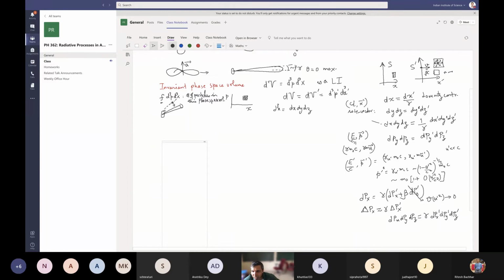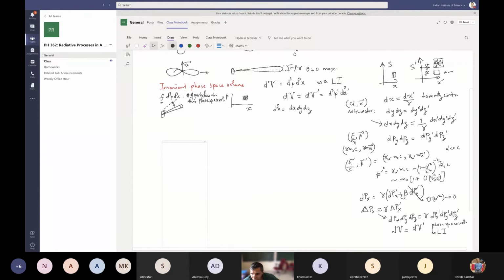This was the spatial part, and this is the momentum part. So if you multiply them out, the 1 by gamma and this gamma cancel, and you get dv equal to dv prime. So phase space volume is Lorentz invariant.